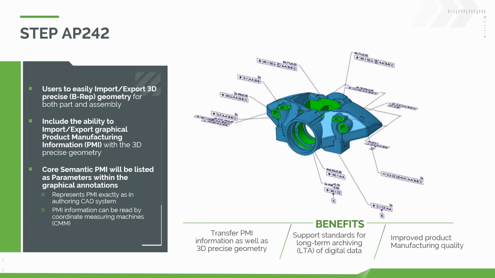That is the vendor-neutral, standardized file format that supports all of that PMI information, including all of the semantic references, which is very important, because that gives you a machine-readable file that can be used as part of your technical data pack. So we can send that out.